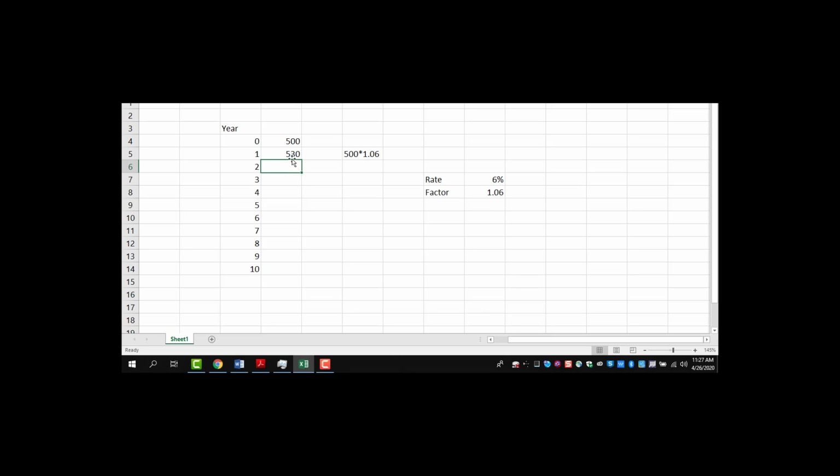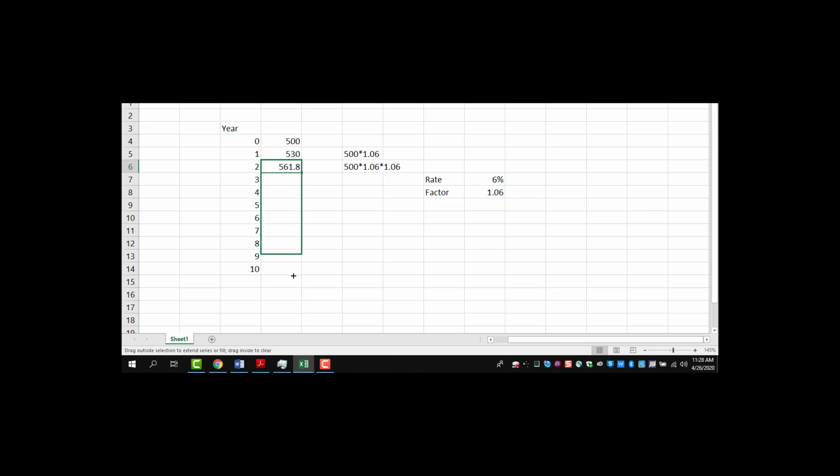So now when I drag this down one, it's going to take the 530 and multiply it by 1.06. Another way of looking at it would be, this is 530, so it's just 500 times 1.06 times 1.06. Because this is this. So now I'm doing it twice.